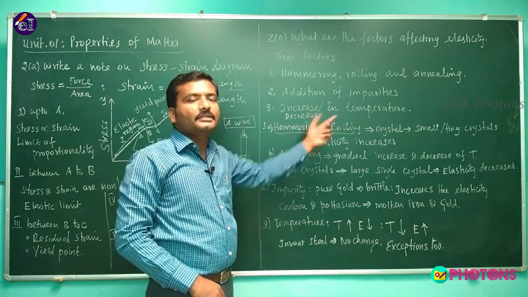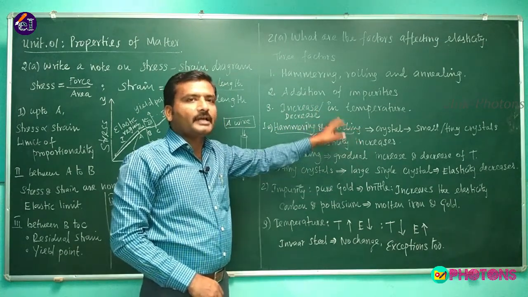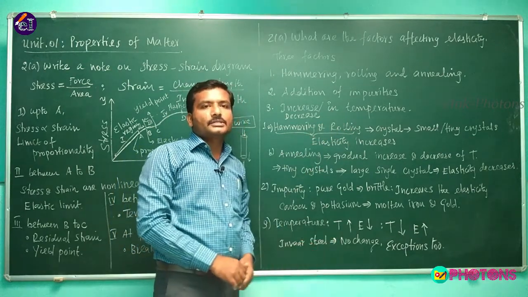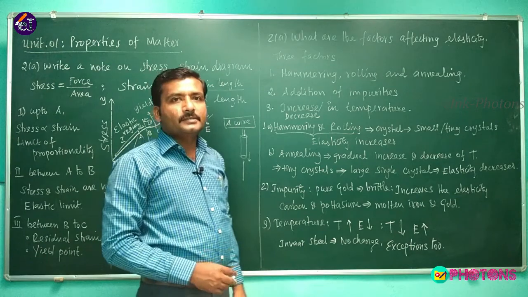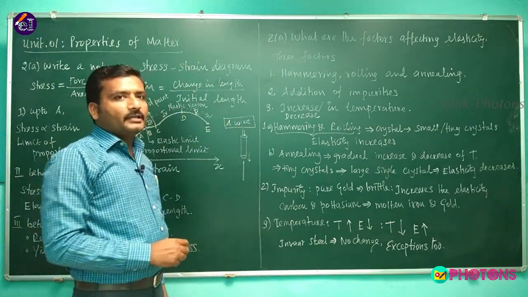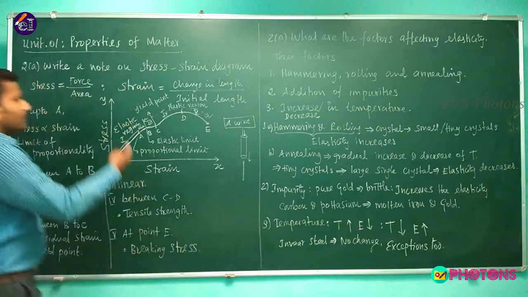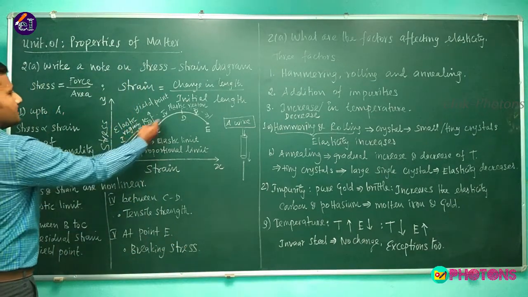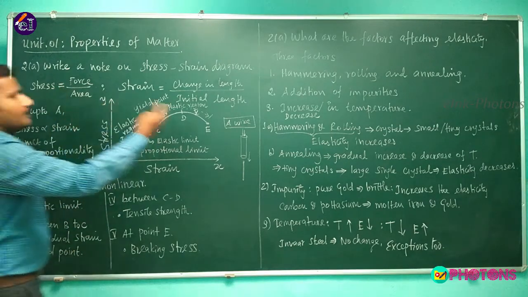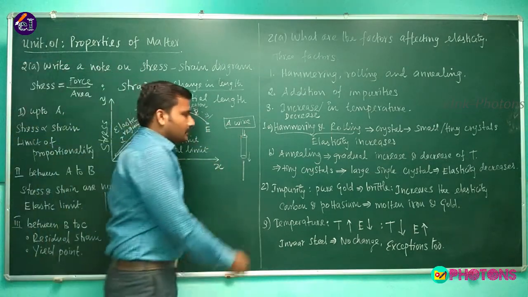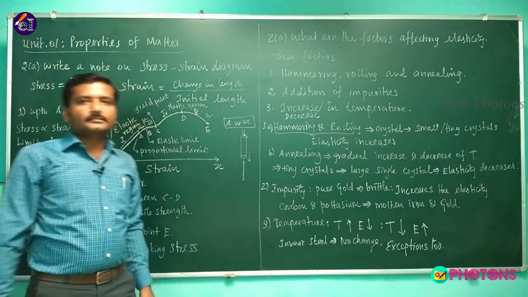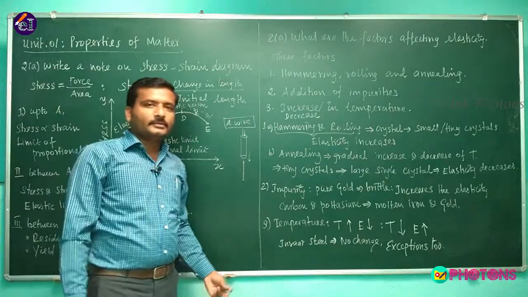Decrease in temperature will increase the elasticity. But it has some exceptions. Example, invar steel has no change in elasticity when you increase the temperature. So in this lecture, we have discussed the different segments of the stress strain diagram in the first question, and in the second question we have discussed the various factors that will affect the elasticity. Thank you.